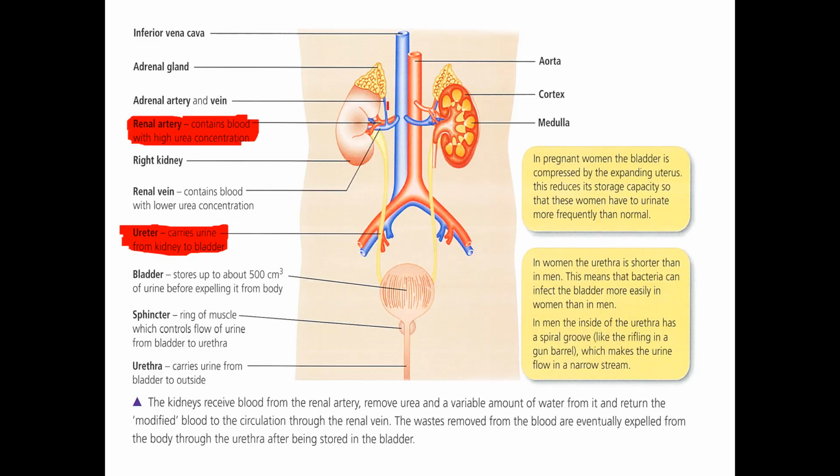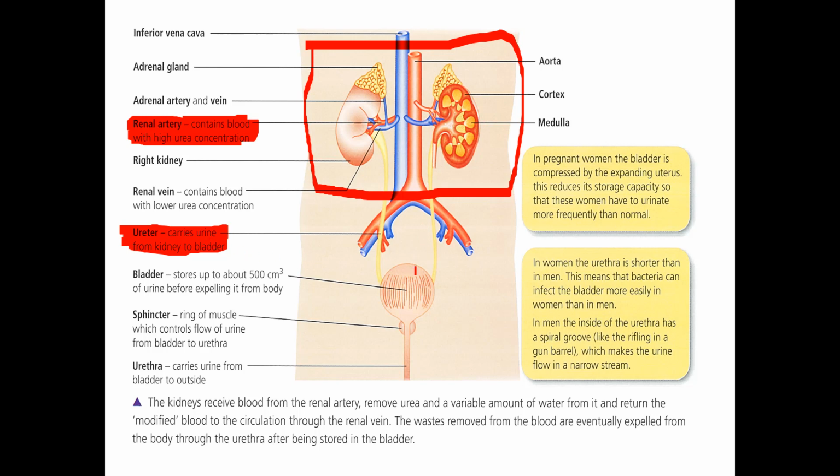Here are the kidneys located in this area, which is the abdomen. The kidney sends the urine through the ureter, then from the ureter it is sent into the bladder. The bladder stores the urine, and then this urine goes outside the body through a structure we call the urethra.